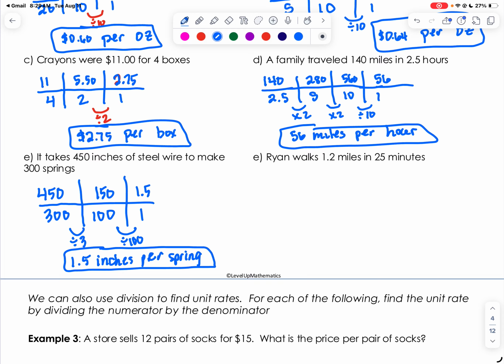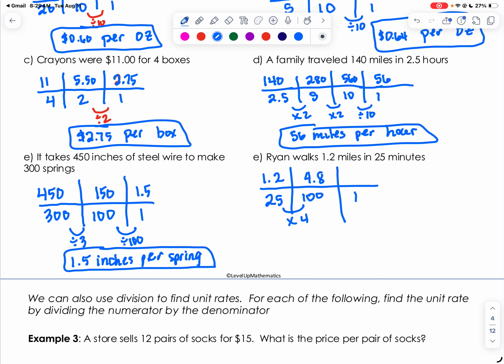All right, Ryan walks 1.2 miles in 25 minutes. So 1.2, 25. All right, I'm going to scale this to 100 because all I have to do is multiply it by 4. So 1.2 times 4 would be 4.8.